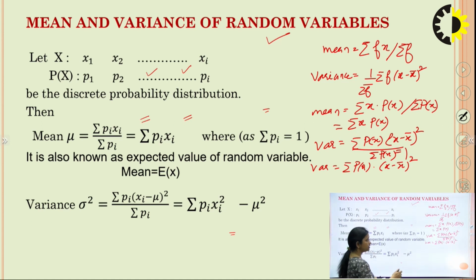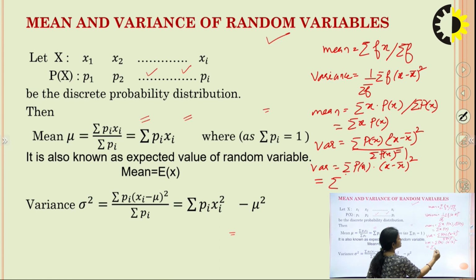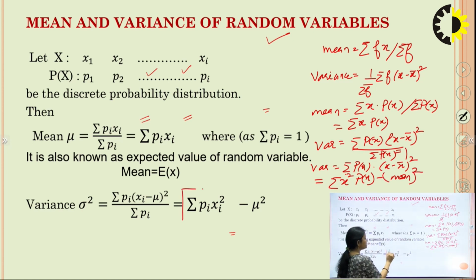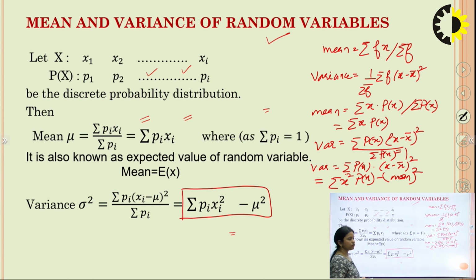You can simplify it by applying some mathematical calculation. Then this sum can be expanded and written as the sum of x square px minus mean raised to the power 2. So finally, for variance, we obtain the formula as the sum of x square into the probability function, minus mean raised to the power 2.